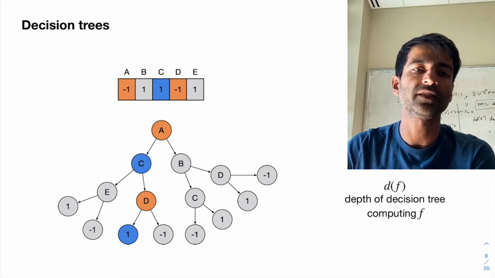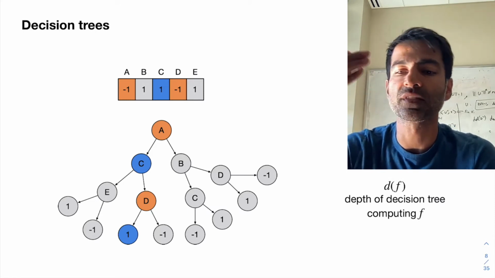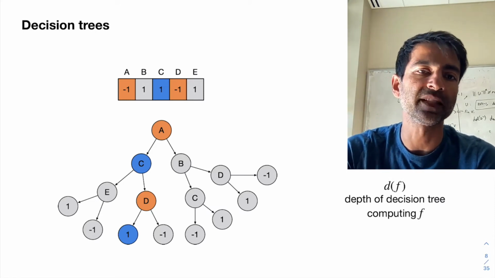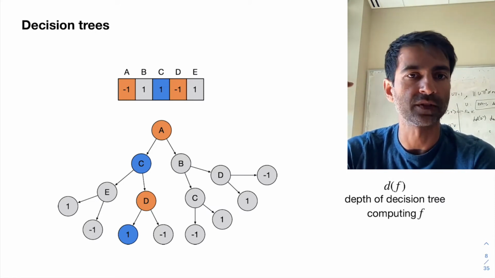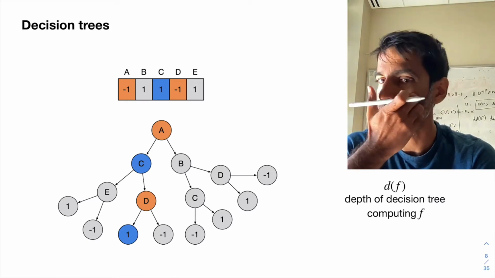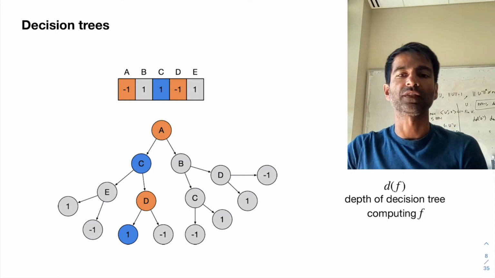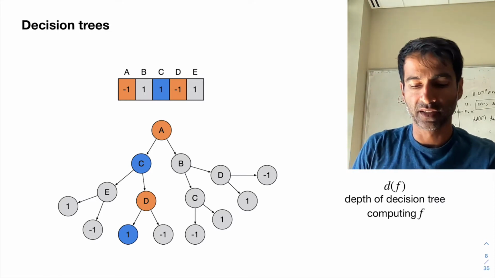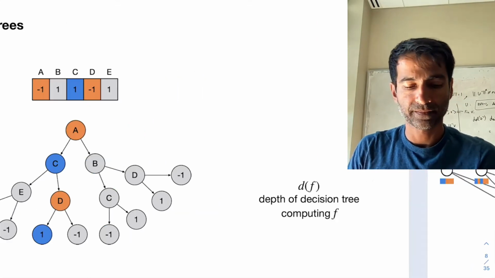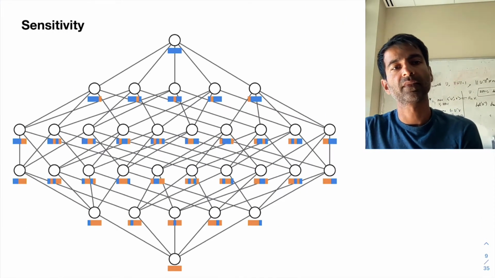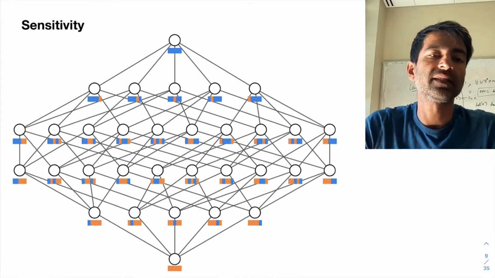So the decision tree complexity measures the number of queries that need to be made to the input in order to compute the function. It's a very natural measure of complexity. So that's our first measure of the complexity of computing a Boolean function. The next one we'll discuss is sensitivity.